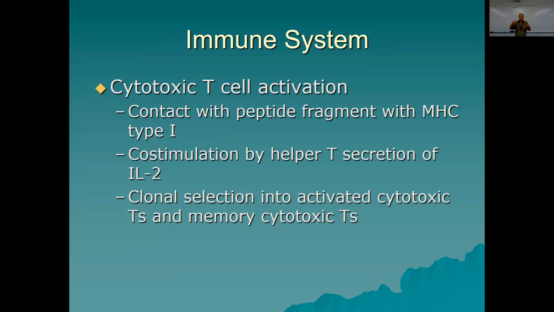They come into an infected cell or foreign cell. Then helper T cells that come into contact with this same foreign cell secrete interleukin-2. And that causes clonal selection of the activated cytotoxic T cells and memory cytotoxic T cells to go out there and fight and destroy these invaders or these unhealthy cells.